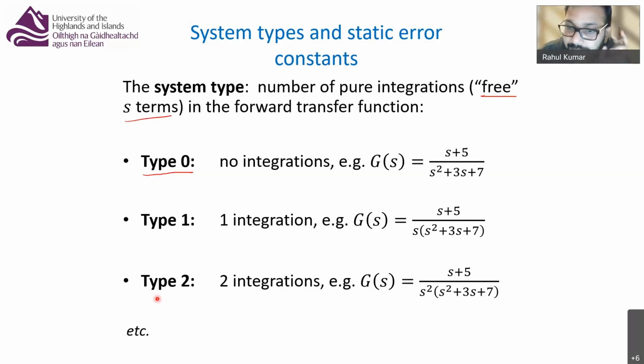You can have a type 2 system if your transfer function has two free s terms, s square, or we call it two integrators. Similarly, you can have type 3, type 4, type 5 and so on. Depending on the number of free s terms, we can classify the types of system.